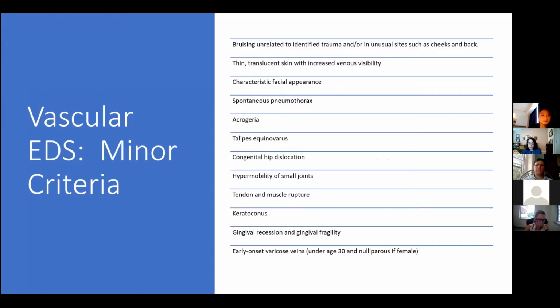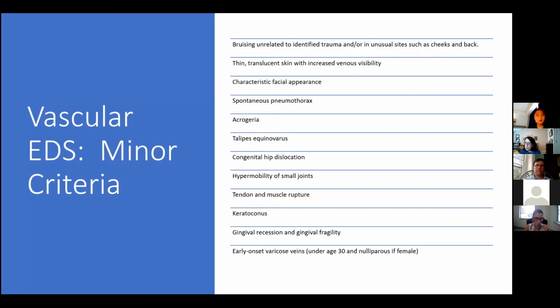The minor criteria include bruising, thin translucent skin with increased venous visibility. There's a characteristic facial appearance, and I'll show you a picture of a woman with that characteristic facial appearance in a minute. Spontaneous pneumothorax, an older looking appearance, especially of the hands. Club foot, congenital hip dislocation, hypermobility of the small joints in the hands.